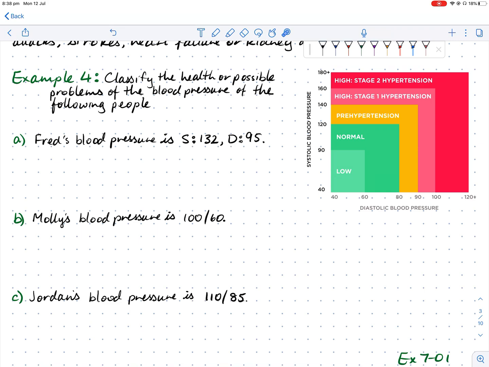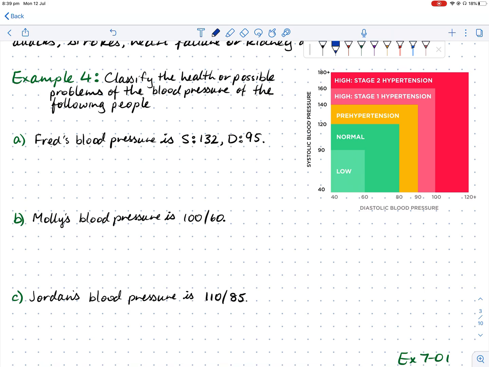If we look at the first one, Fred, his systolic number is 132, diastolic is 95. So we want to find approximately where his blood pressure lies on the diagram, so we can say whether it's normal or whether he's heading towards high blood pressure.